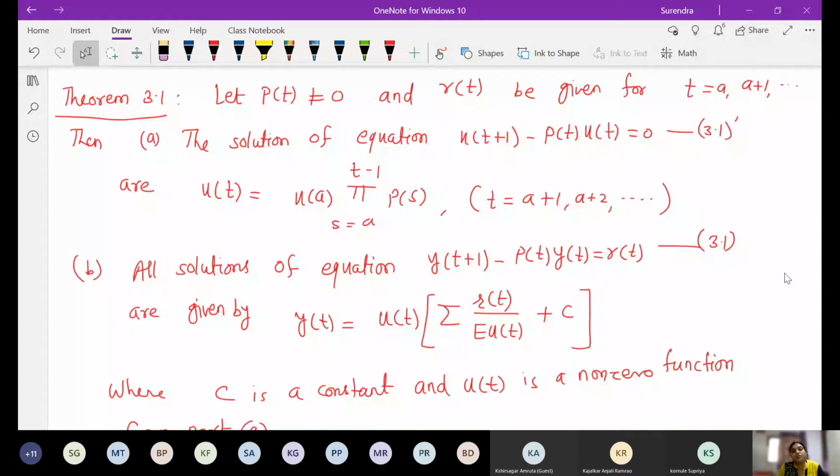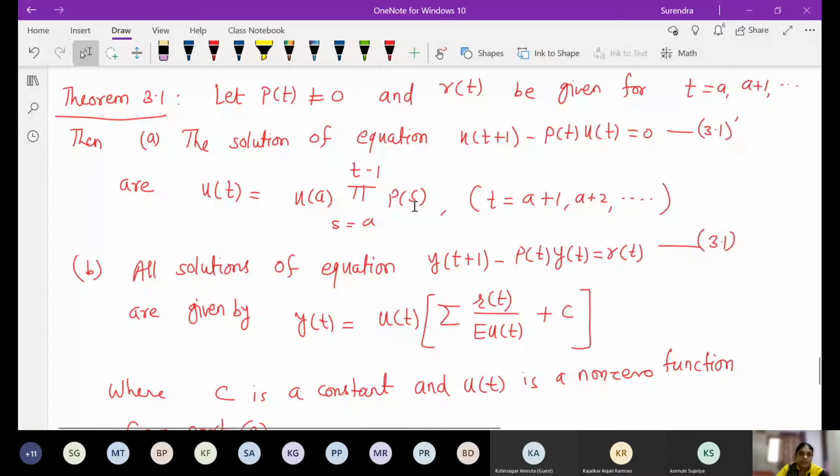Then we want to show the solution of the first order homogeneous difference equation is given by u t is equal to u at a times the product s equal to a to t minus 1 of p at s. What is the product?